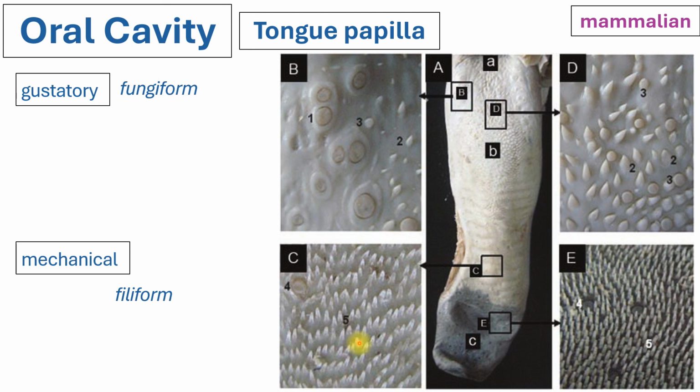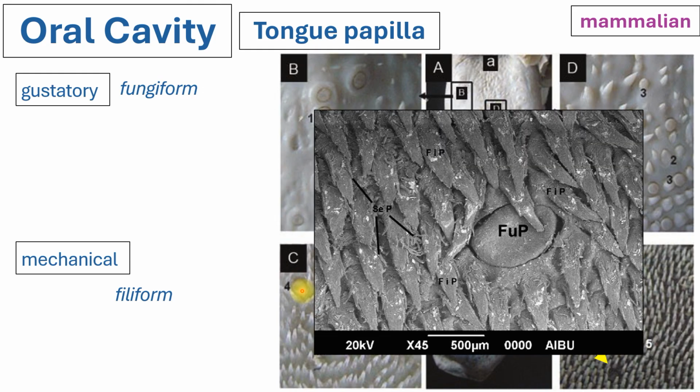And usually interspersed within your filiform papilla are your fungiform papilla. They look like button mushrooms, and this time around, this fungiform papilla contain taste buds. Okay, these are your fungiform papilla. So closer look, filiform and fungiform papilla.